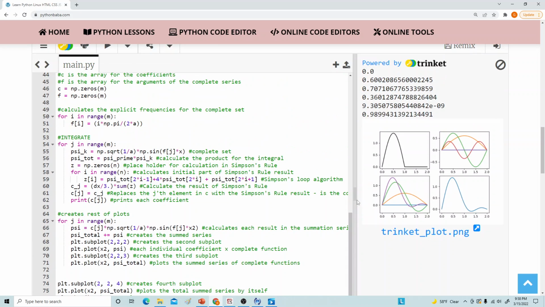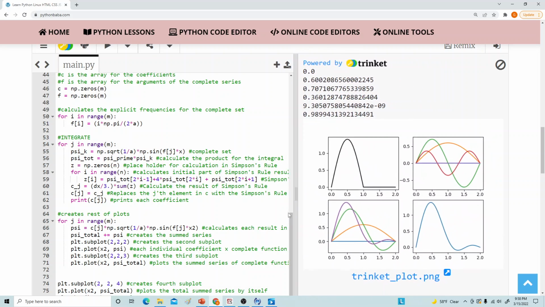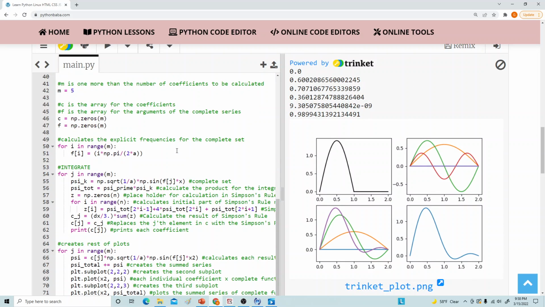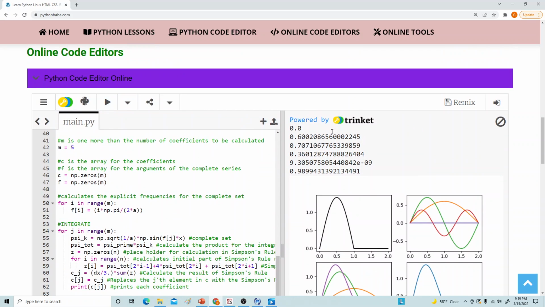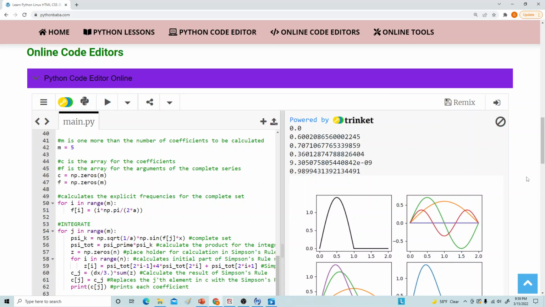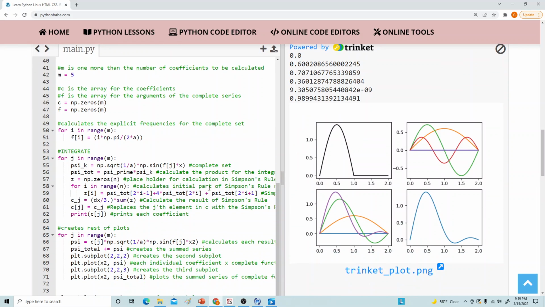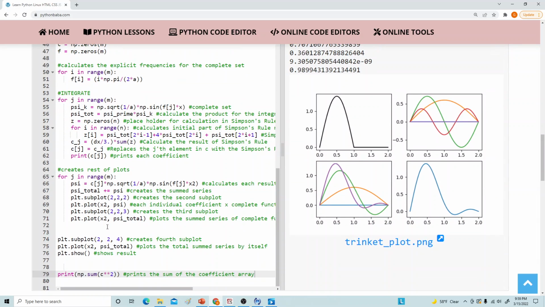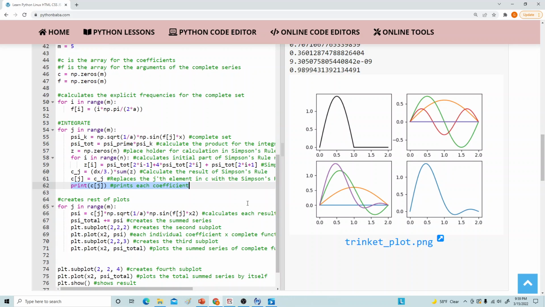Now let's bring this back out and go through what these results are telling us. So let's run the code. Okay, so in this line, I've said print each coefficient.